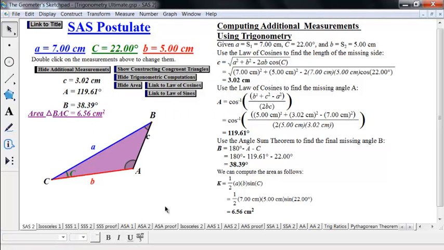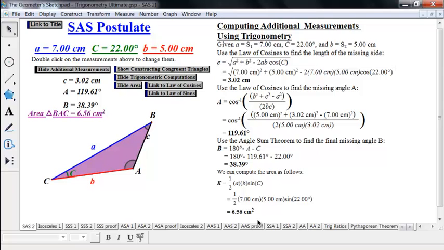So 7 centimeters, 22 degrees, 5 centimeters, and it constructs it exactly right. And actually, if you print this out, it should print it out to where those are actually right in centimeters on the page. Again, it adjusted all the numbers over here, so it shows you all the steps to the calculation. And so that gives you the side angle side situation.